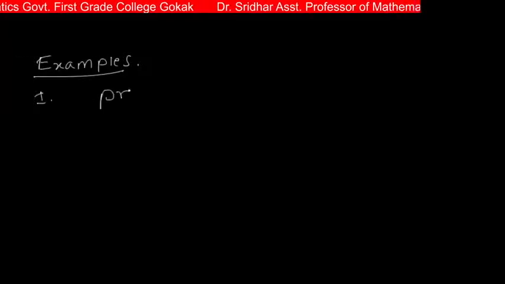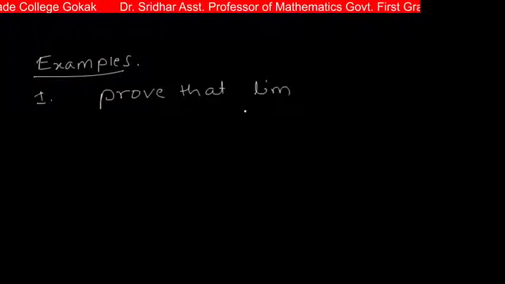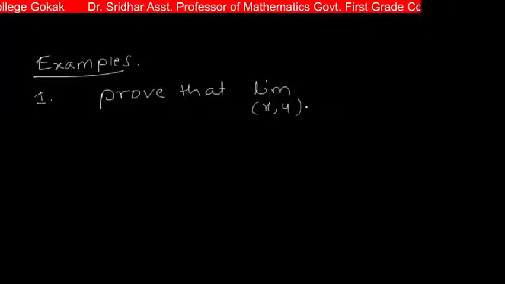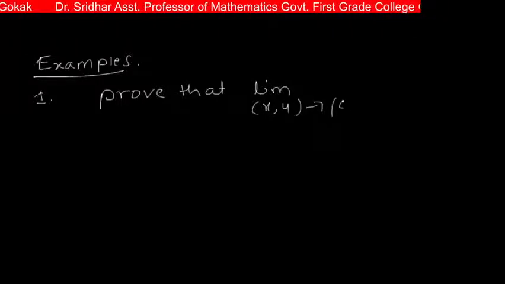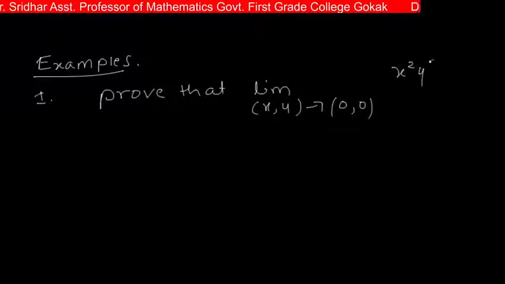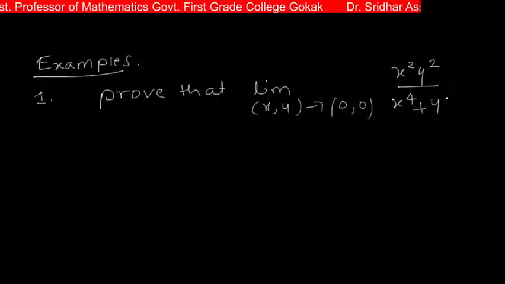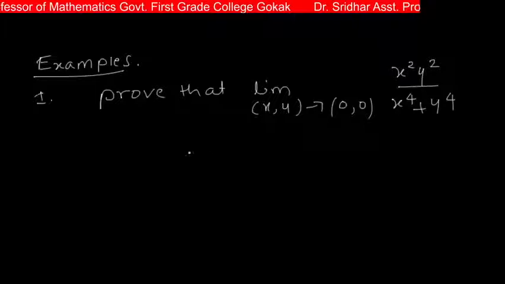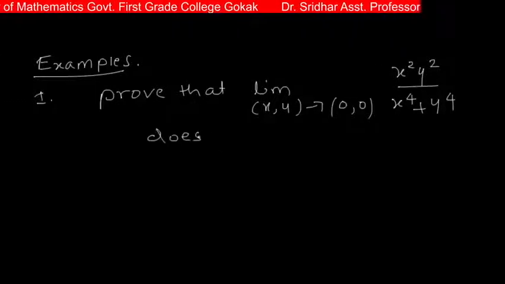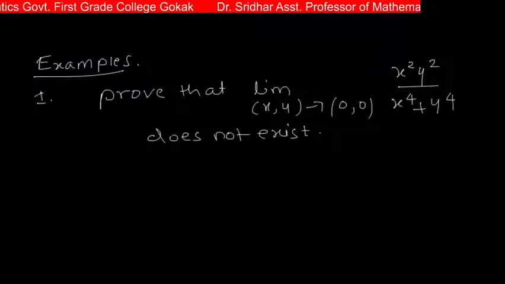First one: prove that the limit as (x, y) tends to (0, 0) of x squared y squared divided by x raised to 4 plus y raised to 4 does not exist.